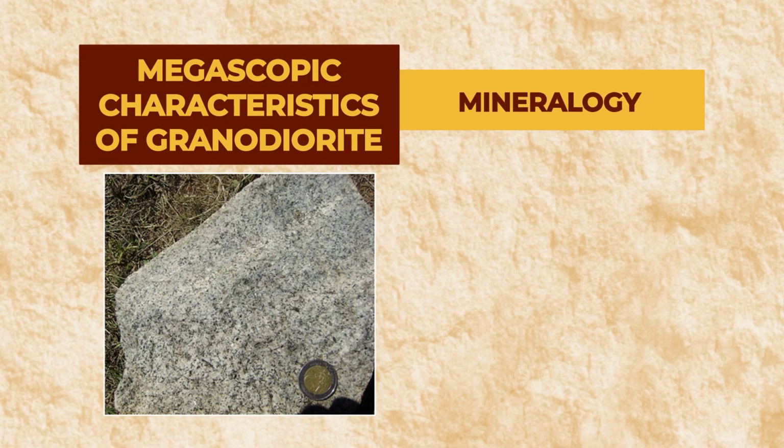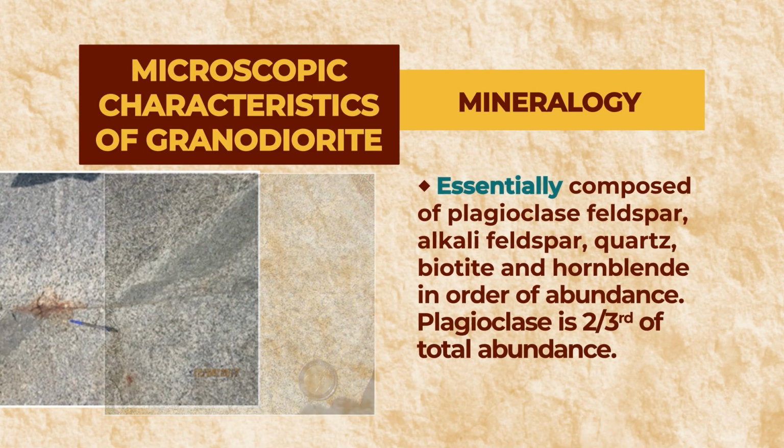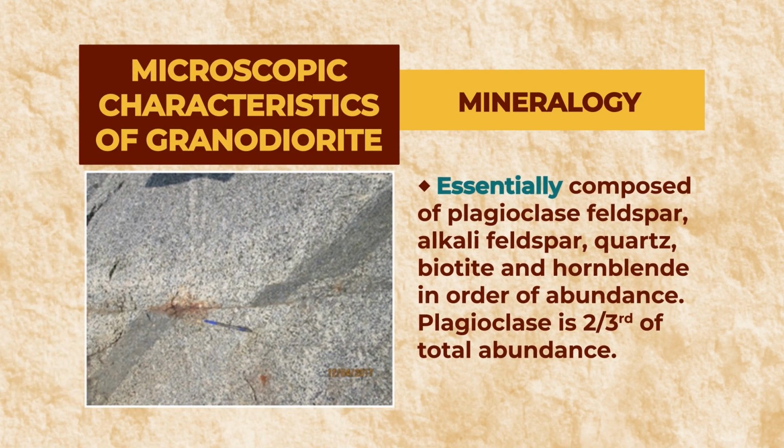Coming to the microscopic characteristics of granodiorite, it is essentially composed of plagioclase feldspar, alkali feldspar, quartz, biotite, and hornblende. Plagioclase feldspar is more dominant, followed by alkali feldspar, quartz, biotite, and hornblende. Plagioclase is usually known to constitute two-thirds of the total abundance of the feldspars.